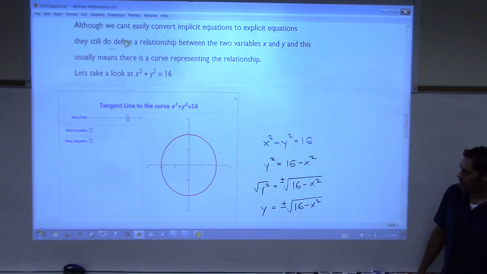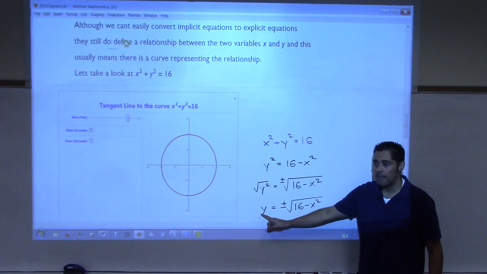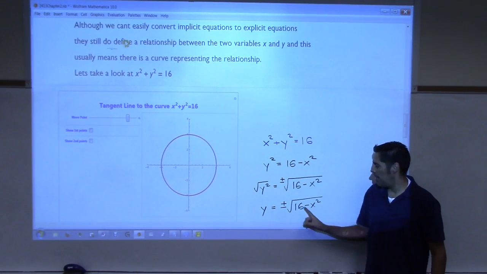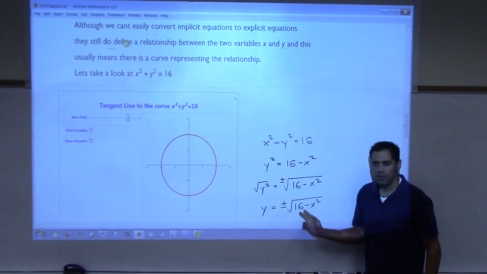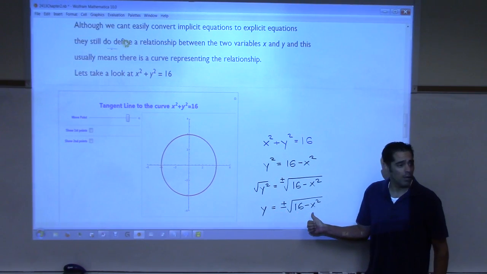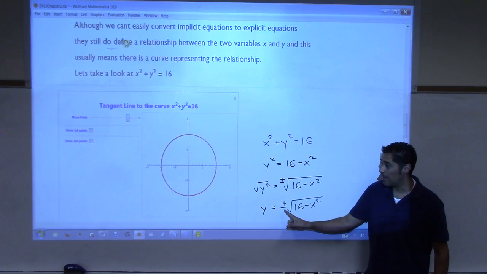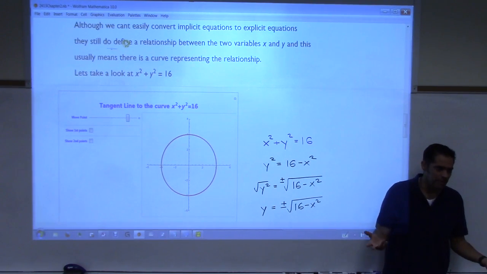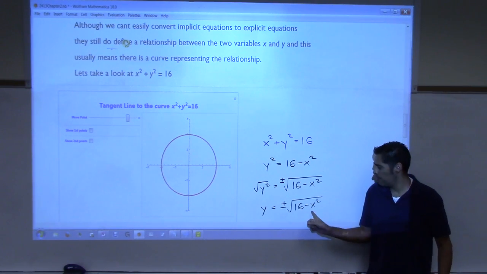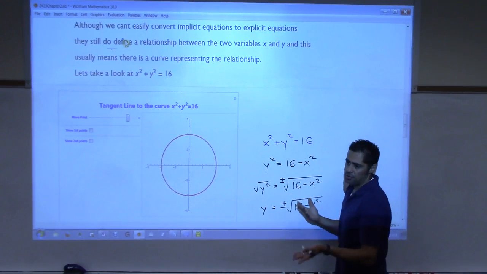And now what I am saying is that y depends on x, right? However, I'm going to get two different answers. For each x value I plug in, I have a positive and a negative answer. So this no longer qualifies as a function. One input gives you two outputs, and that's no good.